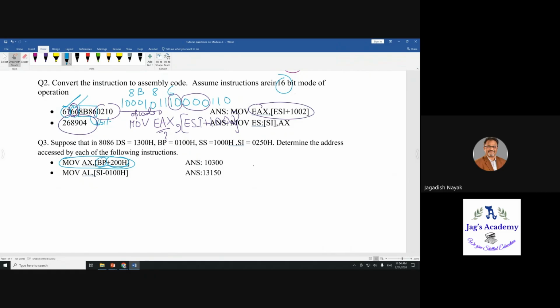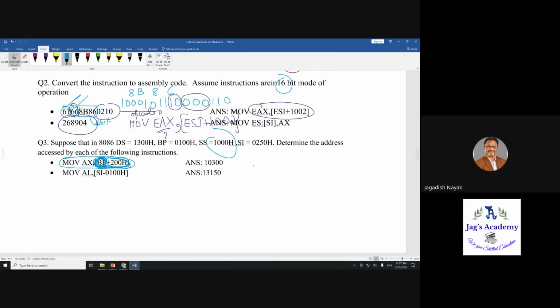Now see, it is coming from the base pointer. Base pointer is the default offset register for the stack segment, right? So tell me whether data is coming from the data segment or the stack segment here. It is coming from the stack segment, because of the base pointer. So your stack segment is 1000.